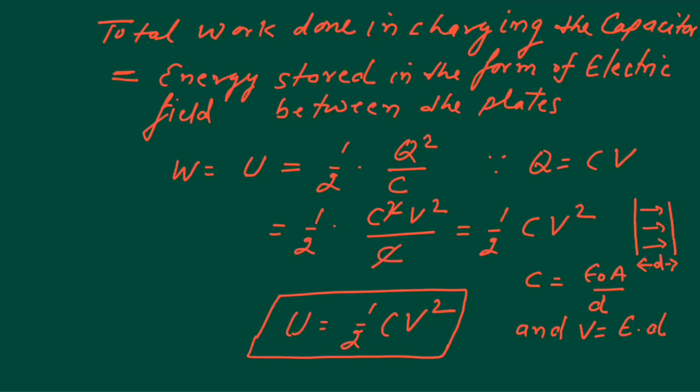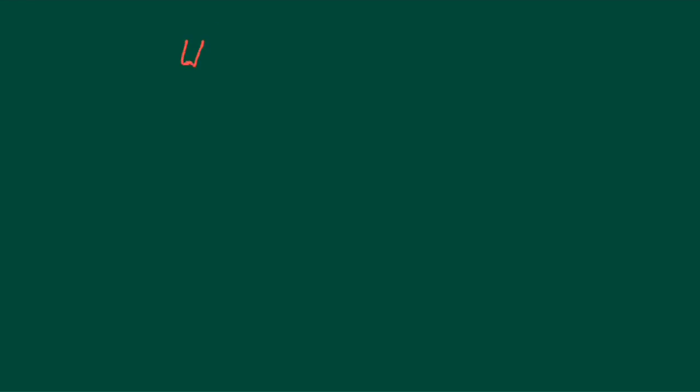Now, putting this value in this equation, U equal to half epsilon naught A upon D into E into D whole square.